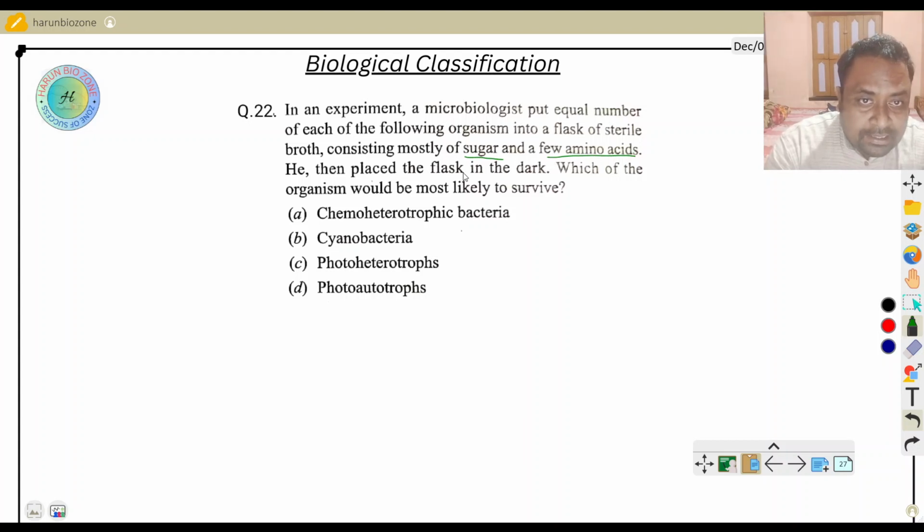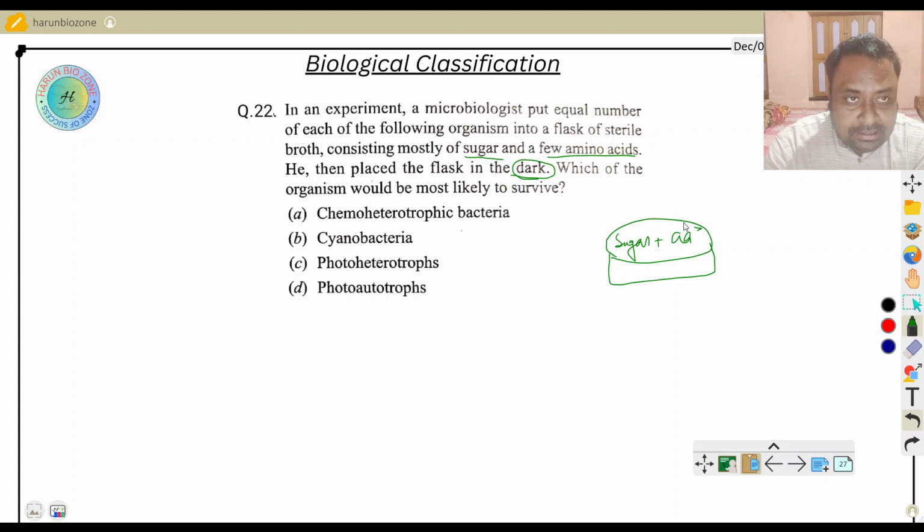He then placed the flask in the dark. This is the dark condition. Suppose this is a nutrient medium, sterilized broth where sugar and amino acids are present, in dark condition.